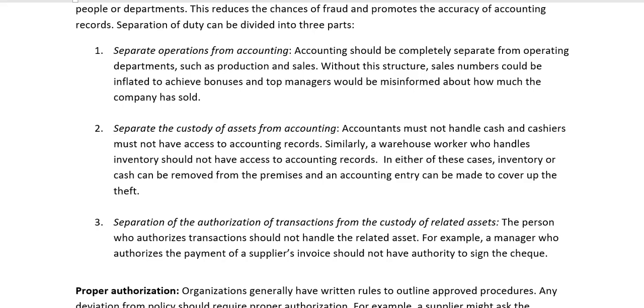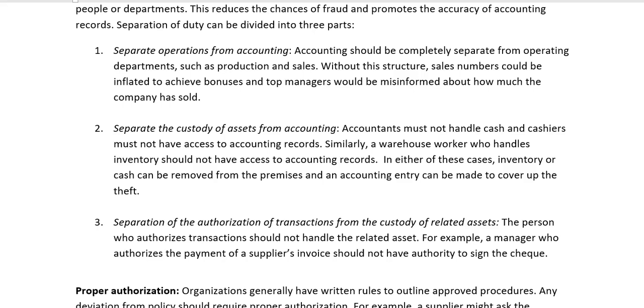You could take a bunch of cash away and write it off as some kind of expense, either petty cash or bad debt, or you could actually take an item and make a journal entry, record it as missing or sold or what have you in the accounting system. So by separating out these duties, people who handle the accounting system and people who handle assets, you're creating an extra safeguard to prevent theft.